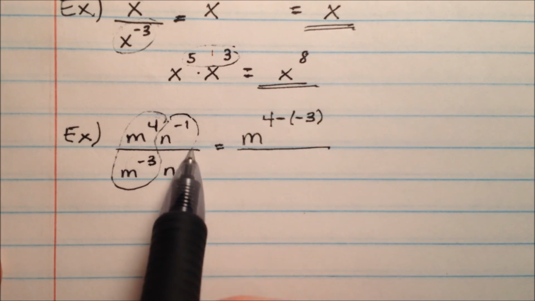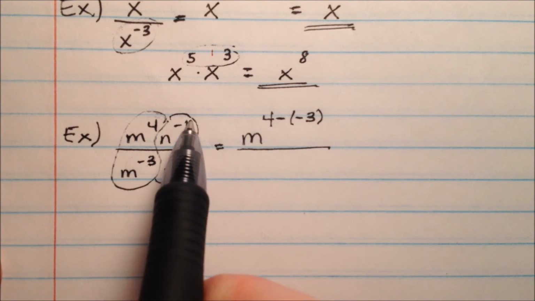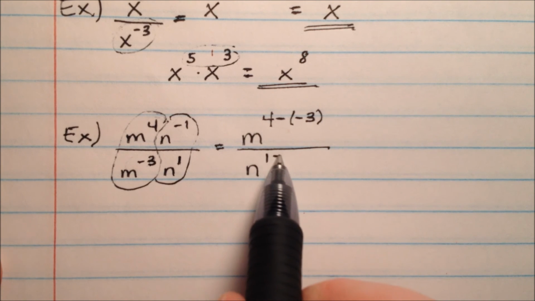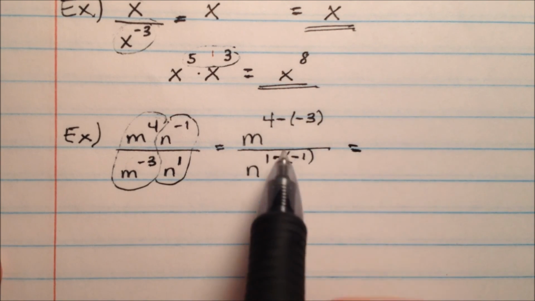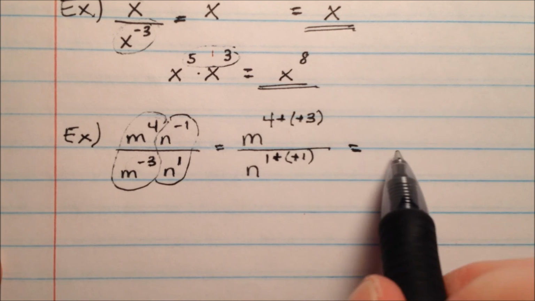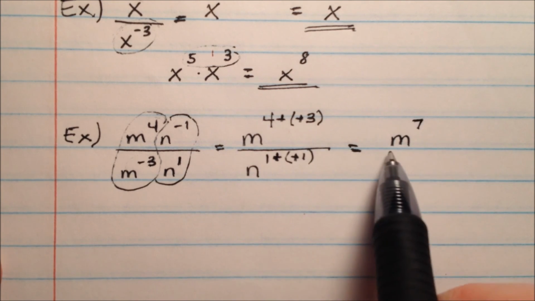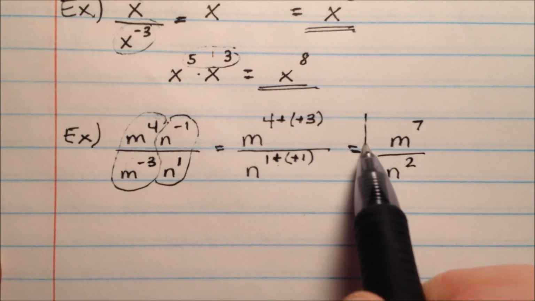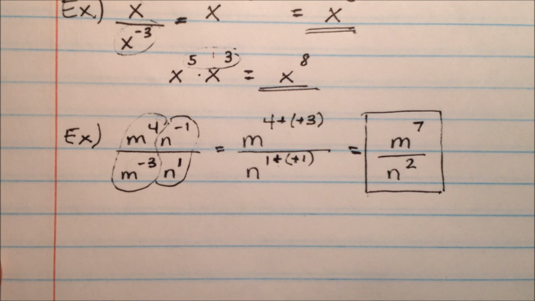And on bottom, we would deal with these n's, because this is really n to the 1, and 1 is bigger than negative 1. So we would say 1 minus a negative 1. In both cases, we're subtracting a negative, so we can fix these and make them both addition problems. 4 plus 3 is 7. 1 plus 1 is 2. So our final answer on this final problem would be m to the 7th over n squared.